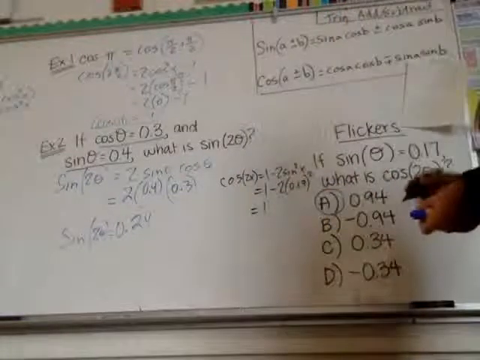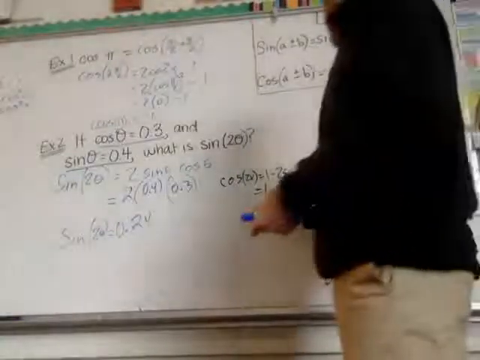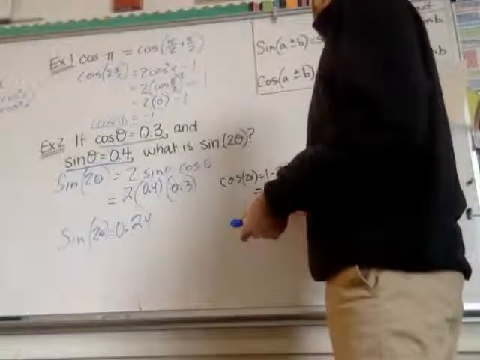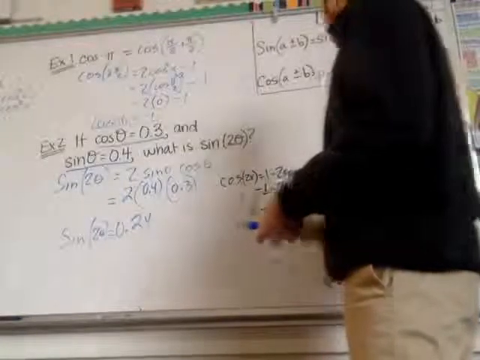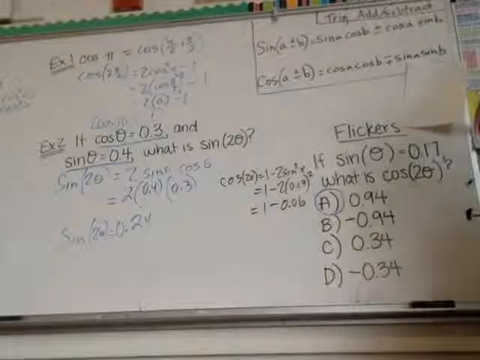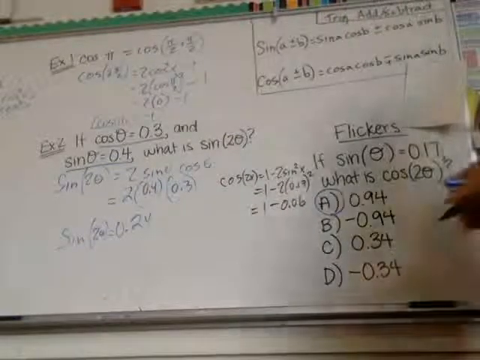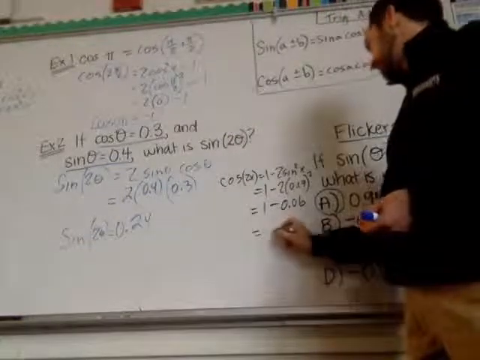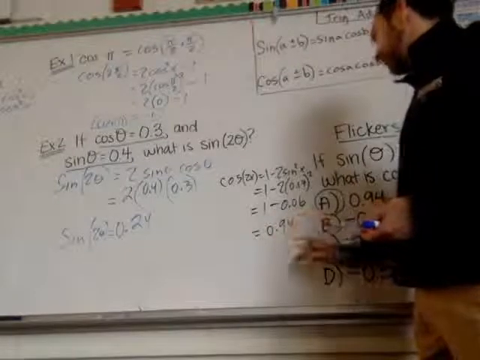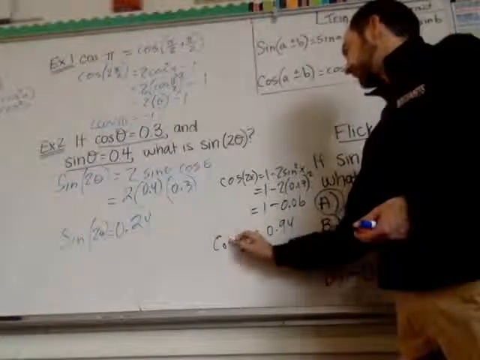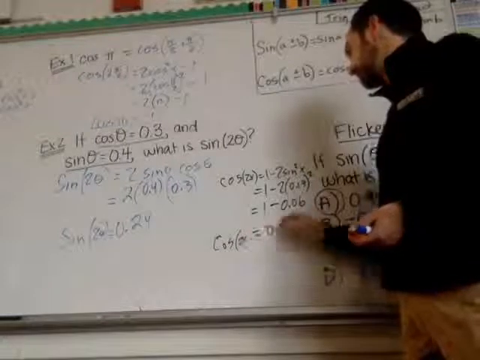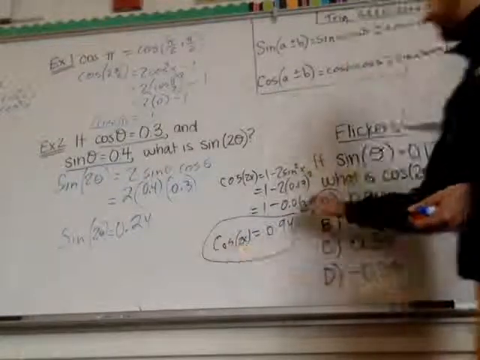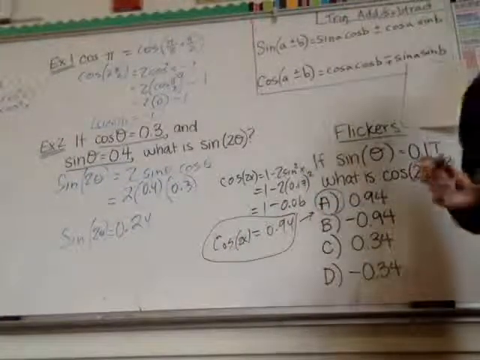It looks like you're going to get 0.06, something like that. And then that equals 0.94 when we subtract it. So here the cosine of 2x, 2 theta.